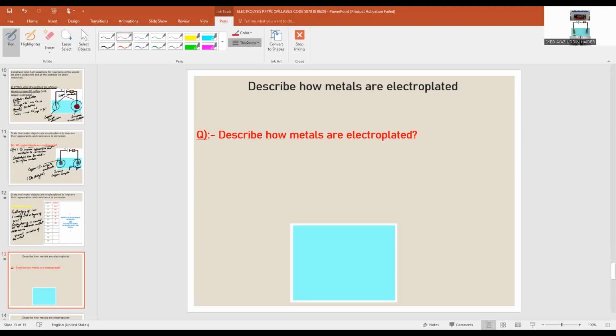The question says: Draw a labeled diagram to show how a fork made of nickel is electroplated with silver.